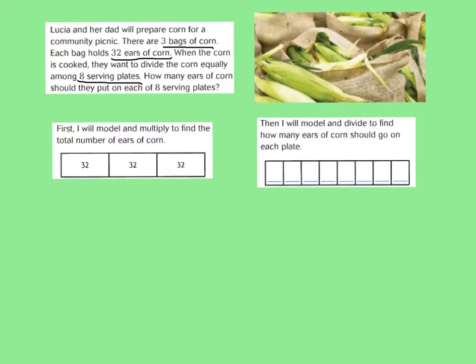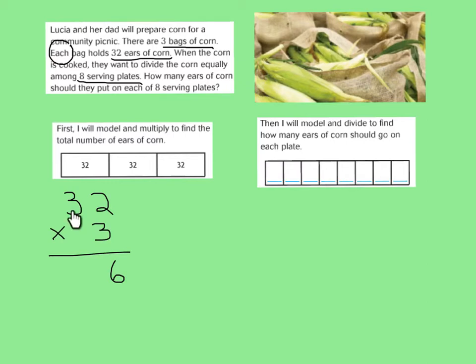The first thing I need to figure out is how many ears of corn I have altogether. I notice this word each, which tells me that I need to multiply. So I'm going to multiply 32 times 3 to find out how many ears of corn I have in all. So 3 times 2 is 6.